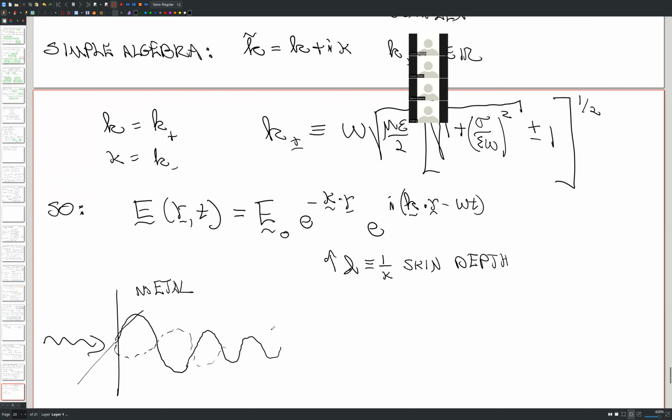So the wave is attenuated as it goes in the metal, but it does go in a tiny bit.